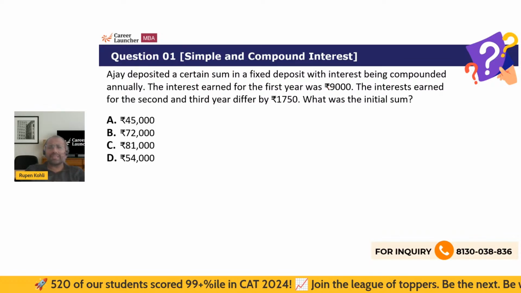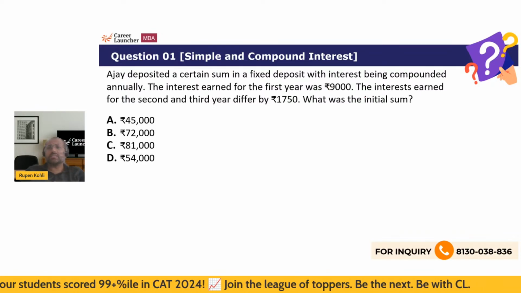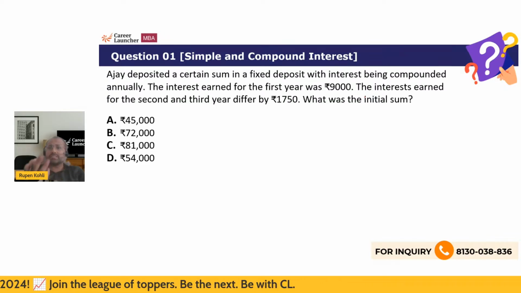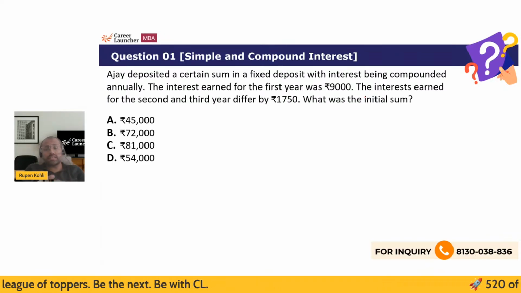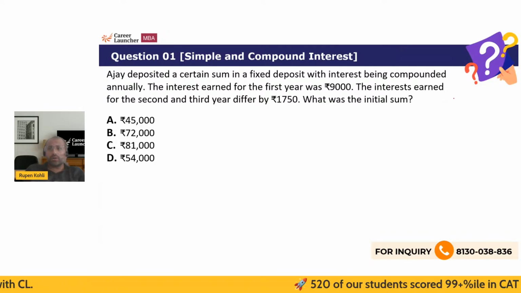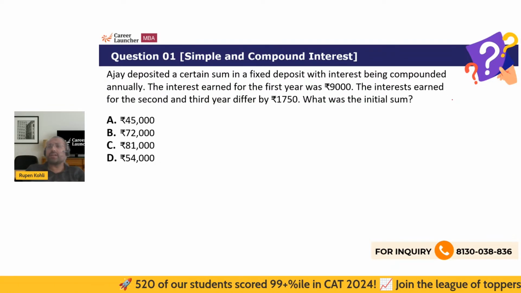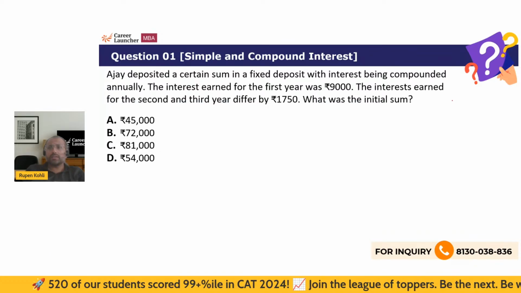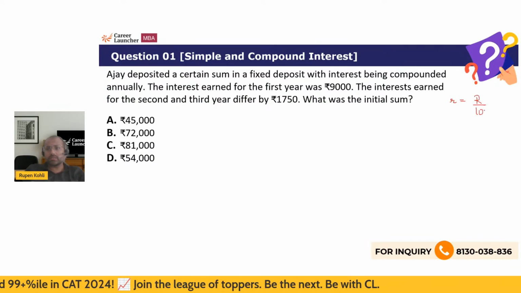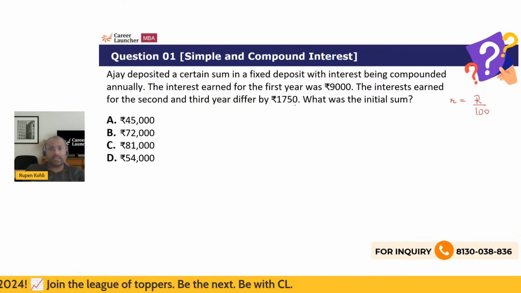Looks like we have to create the equations for this and solve. Both the principal as well as the rate of interest are unknown. I'll always refer to the rate of interest in fraction form, so I'll write small r to denote it.